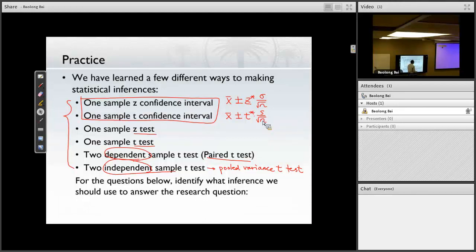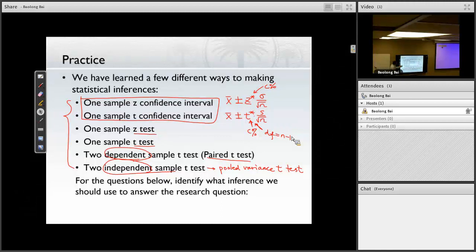Z star will come from the Z table with confidence level C%, which will tell you how to find it. And then t star will come from the T table. That will be related to the confidence level as well as degrees of freedom, right? And degrees of freedom for a one-sample problem is n-1. The confidence level default is 95%. Otherwise, just use the confidence level as provided. And then it's pretty easy.